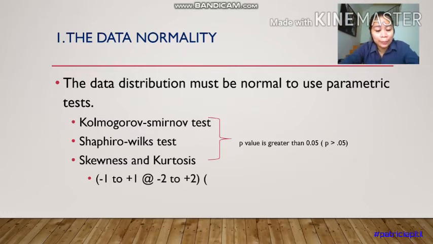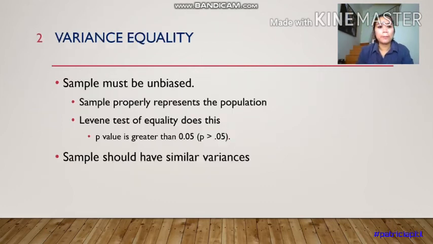It is to test the normal distribution of the data. For skewness and kurtosis, if it is in the range of -1 to +1, same for kurtosis, it is normal. If it is not normal, the alternatives are what I mentioned earlier: Mann-Whitney, Kruskal-Wallis, chi-square, Spearman correlation.